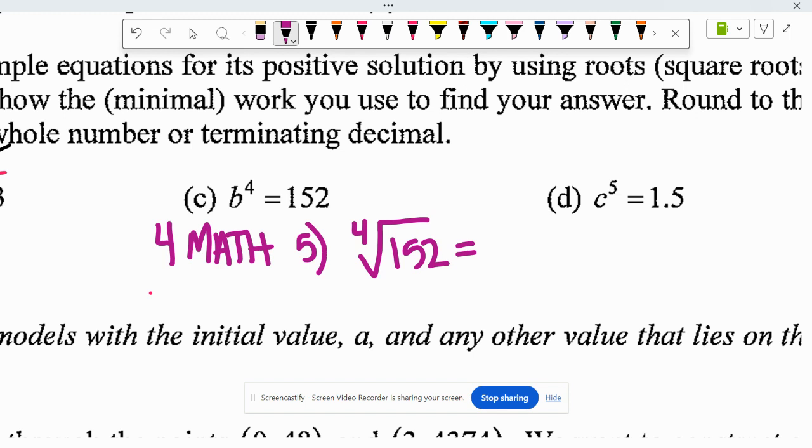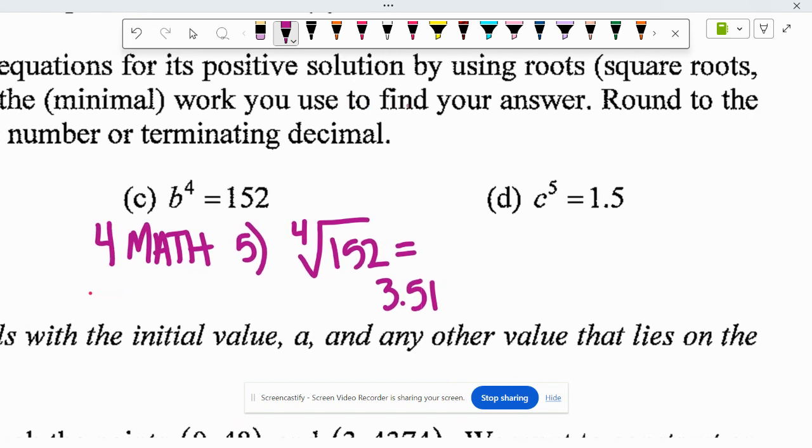Whoever said 36, you took 152 divided by 4. Yeah, I got 3.51. We've done it twice. Did anybody else get that?